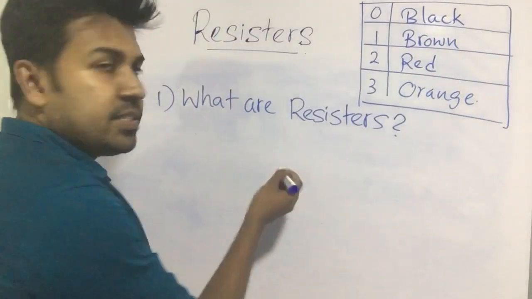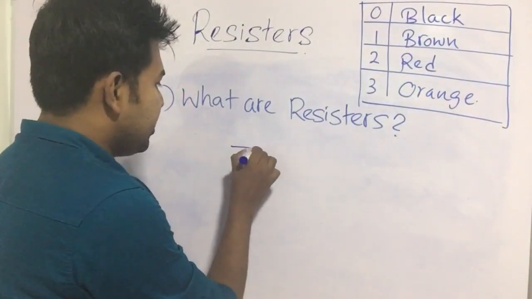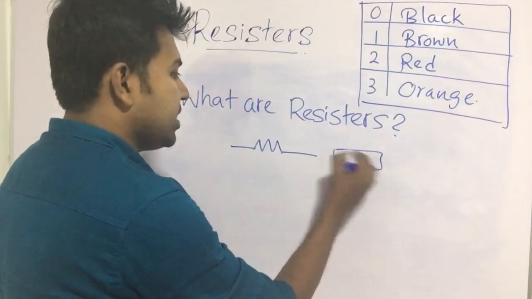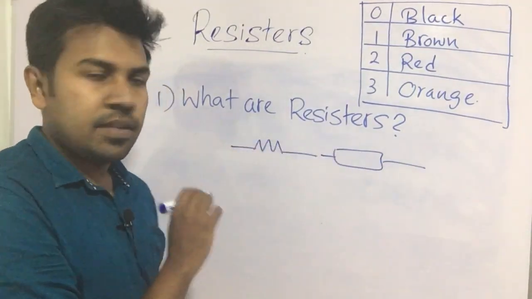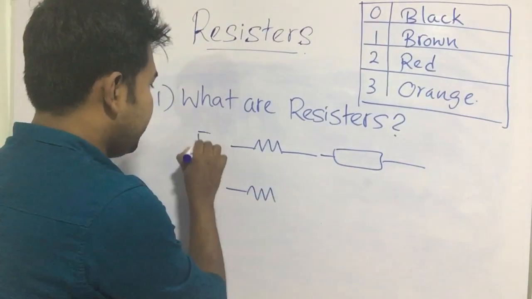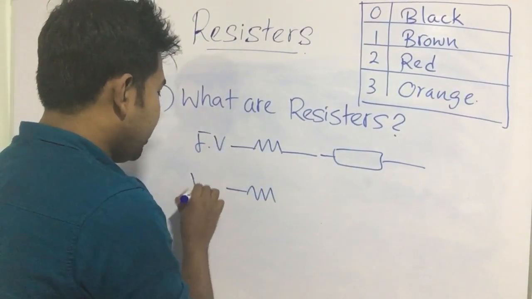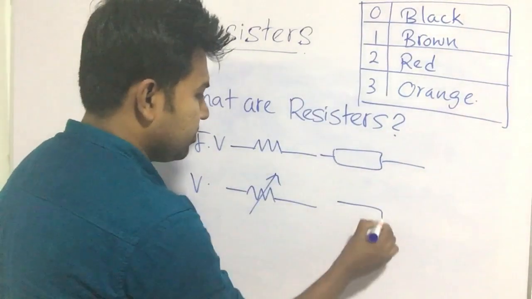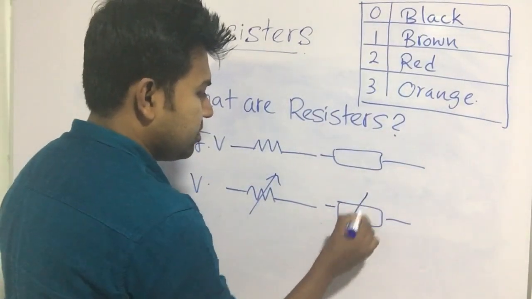If we consider a fixed value resistor, the symbol will be like this, or else you can see like this. And for the variable resistor, it will be like this, or else like this.